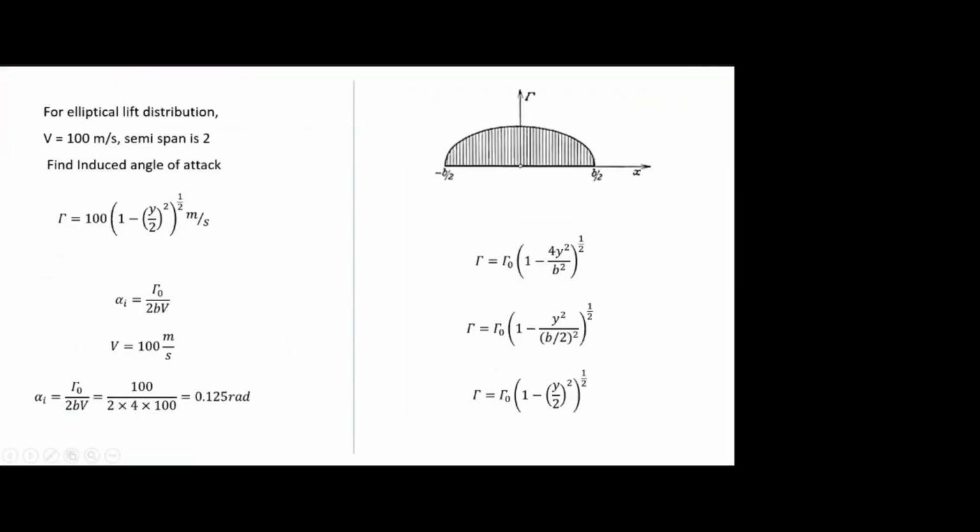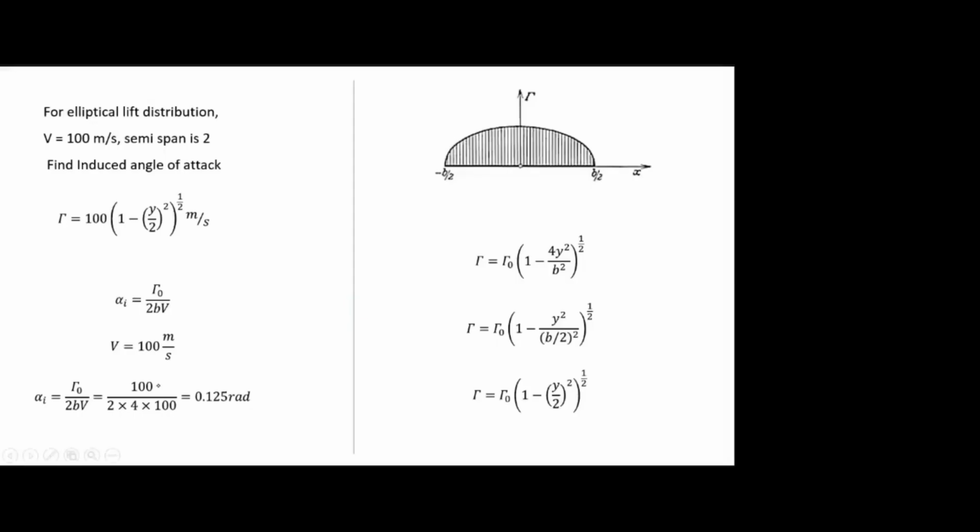So you should not think that the data is missing. There is no gamma naught value. Okay, so this is the alpha i.